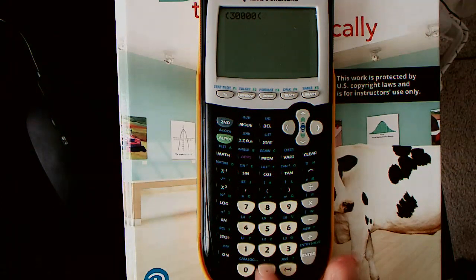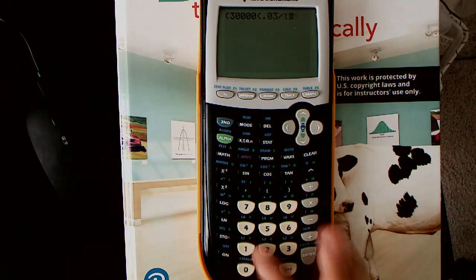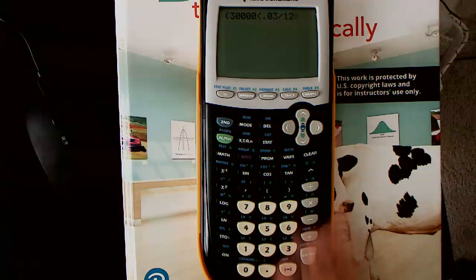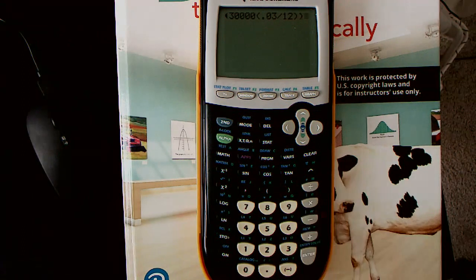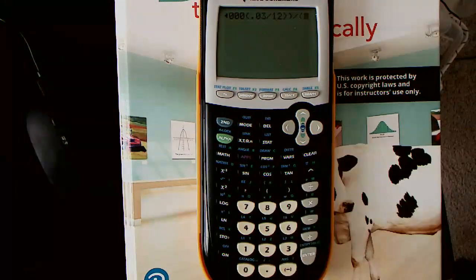Annual interest rate 0.03 divided by 12. Close the parentheses, that is the monthly interest rate. Close the numerator parentheses, so that's numerator. Divided by the denominator. I'm going to use parentheses to frame the whole denominator. Yeah, we do not have a bracket on the calculator, so we use parentheses for all the grouping symbols.